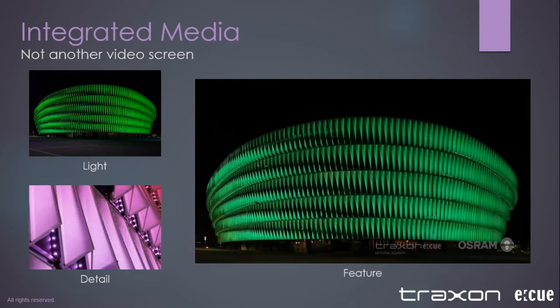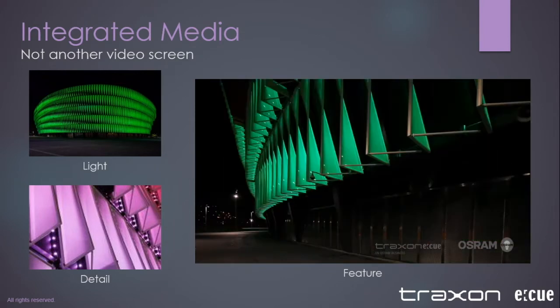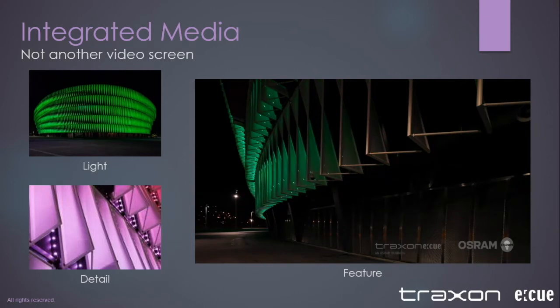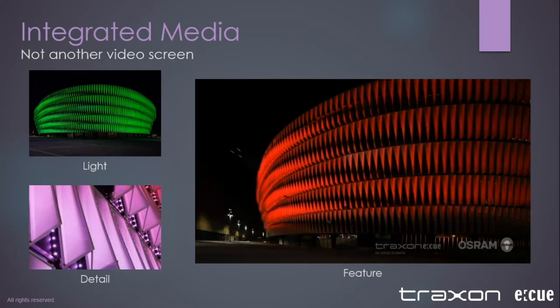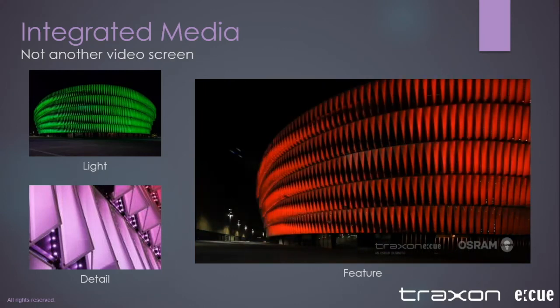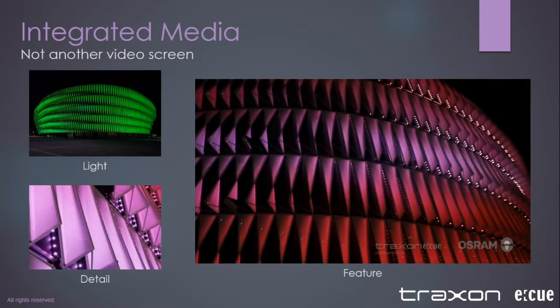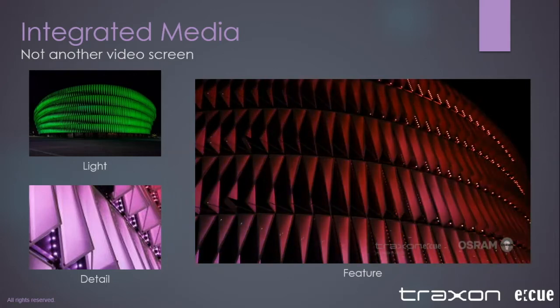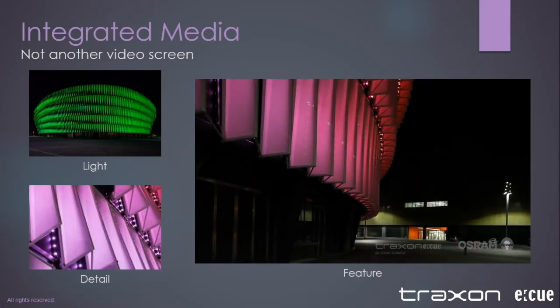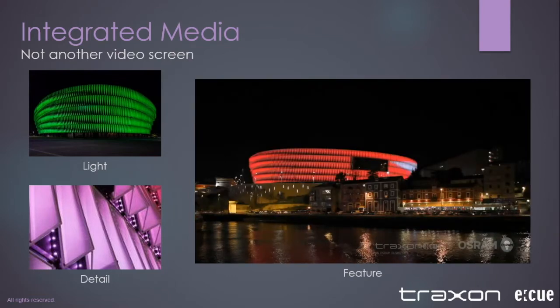And with all of those sails effectively turned into media pixels, and we'll get more into the concept of a pixel later, that stadium facade becomes a dynamic piece of media that you can run media and shows and effects across. And look at the difference from the static light on the left versus all of these effects that we're sampling in the video on the right.